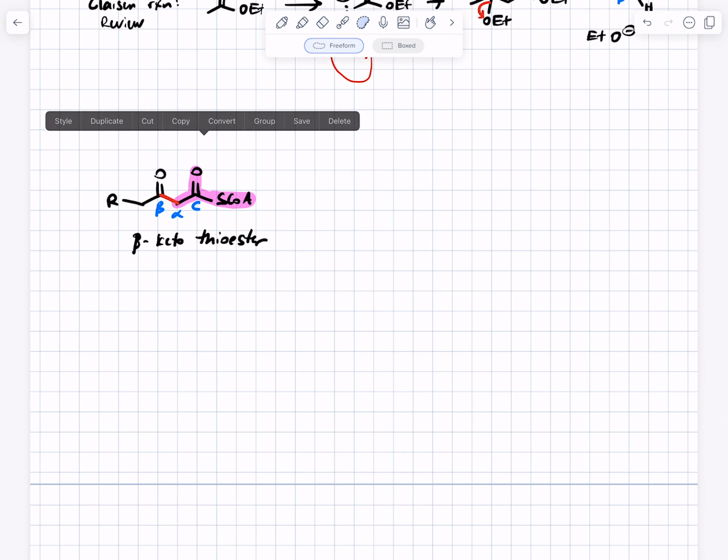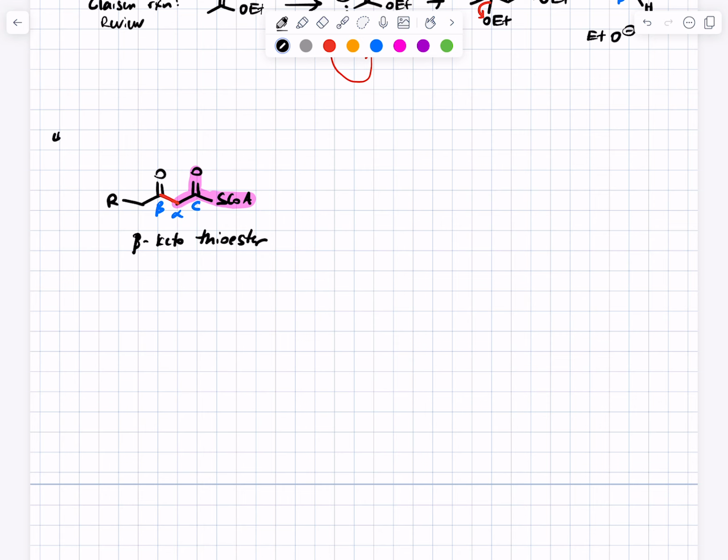This will be step 4 of beta oxidation. We're going to bring in coenzyme A as a nucleophile. And what the products will be is this truncated fatty acid.